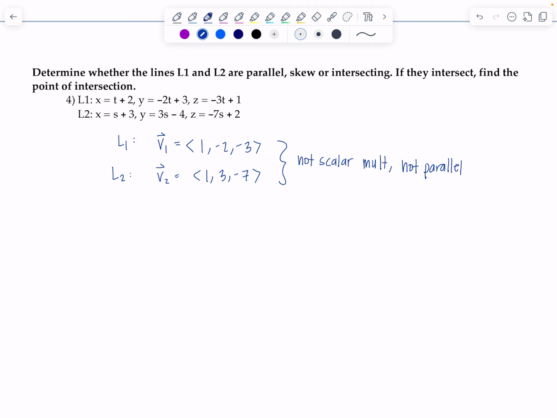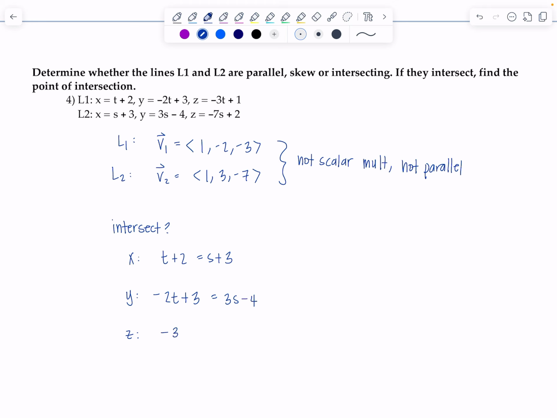Okay, so that's done. Now, before I can determine whether they're skew, I want to see, do these lines intersect? That would mean they share an ordered triple, an XYZ in common. So I'm going to check, does t plus 2 ever equal s plus 3? Does negative 2t plus 3 equal 3s minus 4?